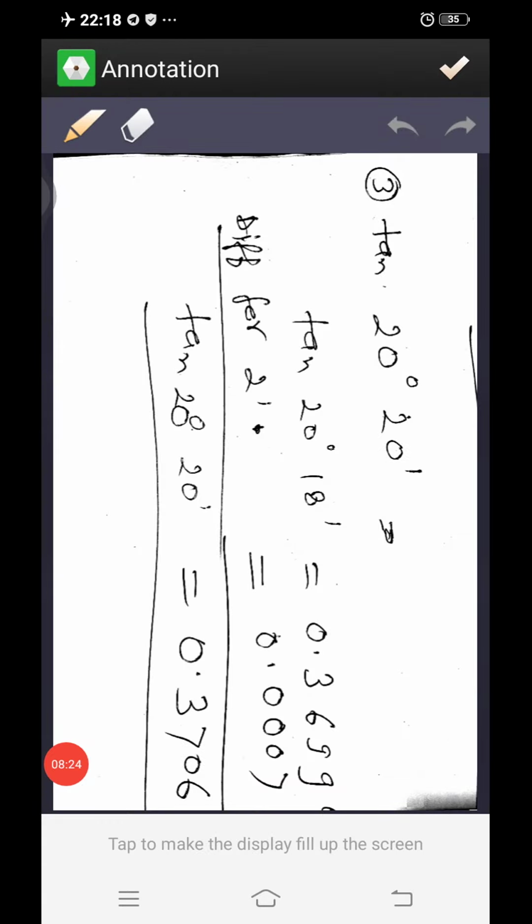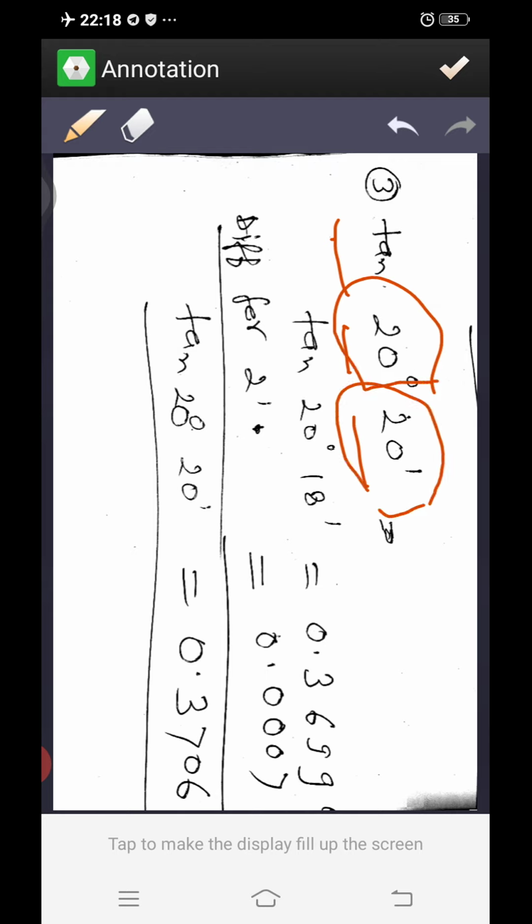Let us find another ratio, that is tan 20 degree 20 minutes. Here this 20 degree we will get easily. These 20 minutes will be divided into parts of 6. 6 threes are 18. So we get 20 degree 18 minutes. From the table, the value for 20 degree 18 minutes is 0.3699.